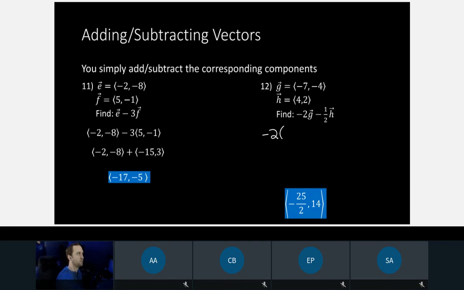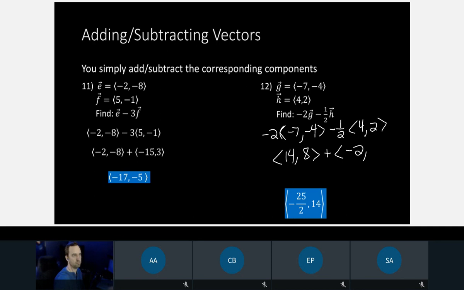We have -2. Oops. Distribute. And all done.